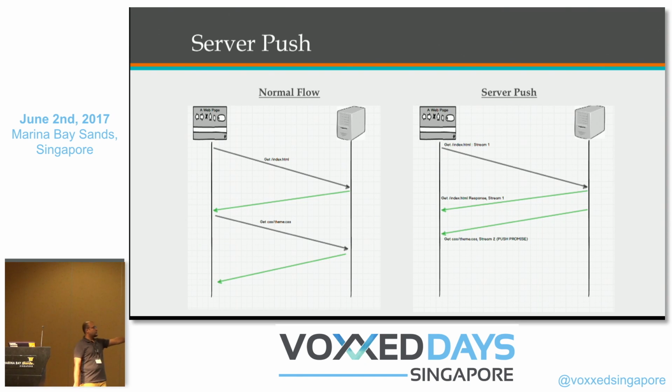The client just asks for the HTML, and the server, being really generous, sends the CSS as well. Server push in some scenarios can make a difference, but we'll see later that in some scenarios it can create some issues.